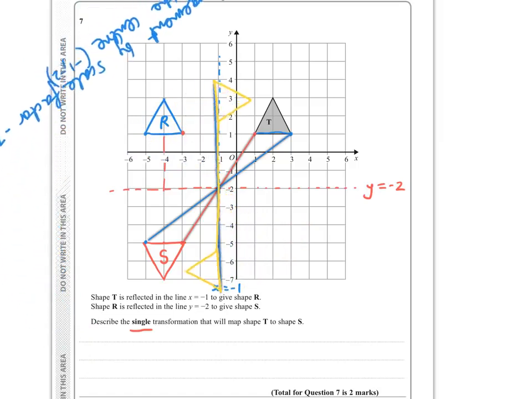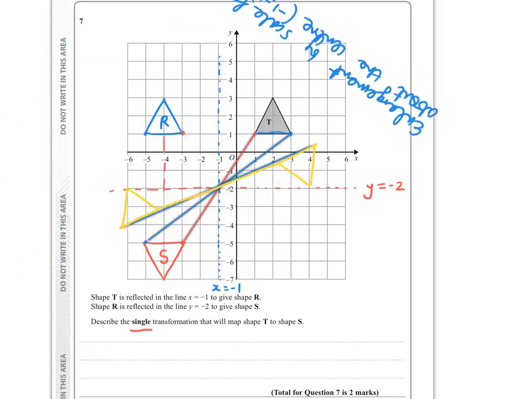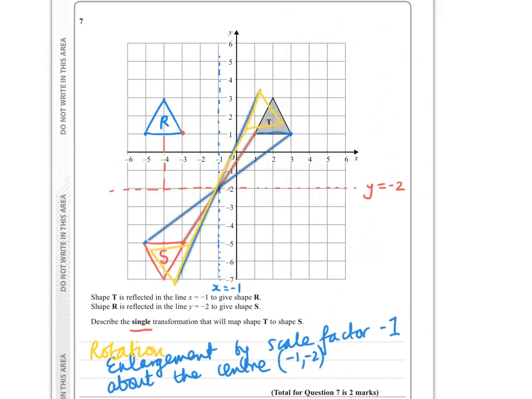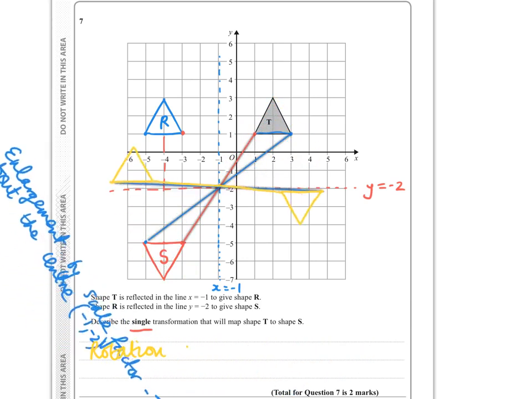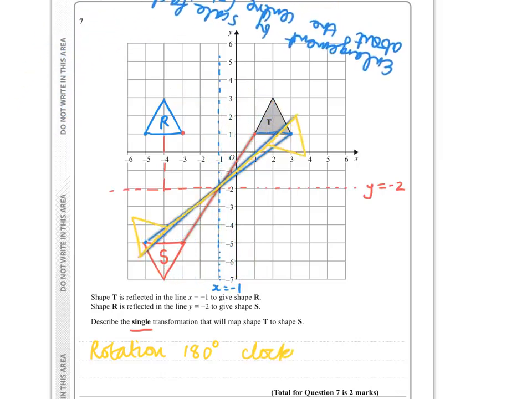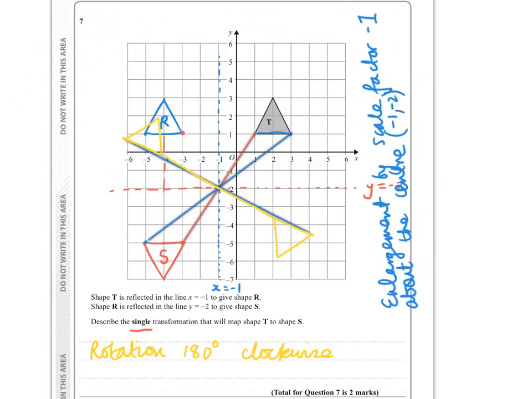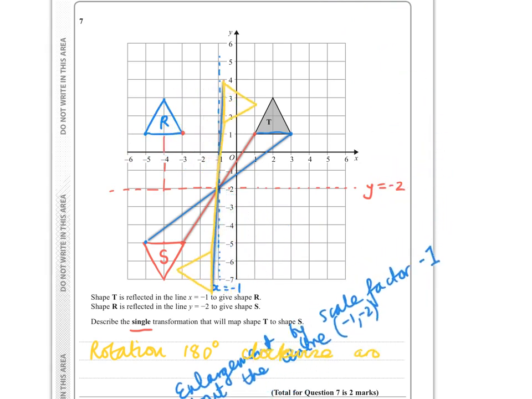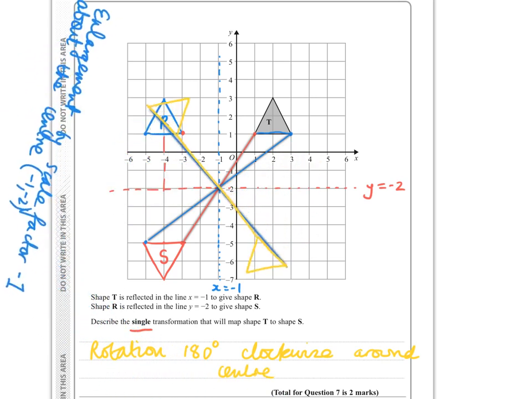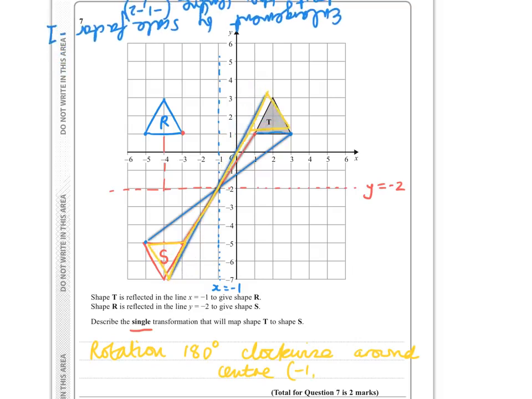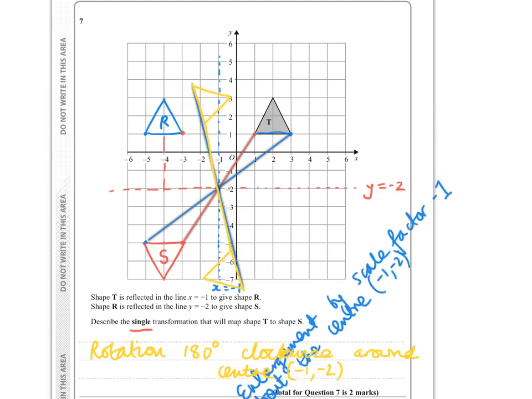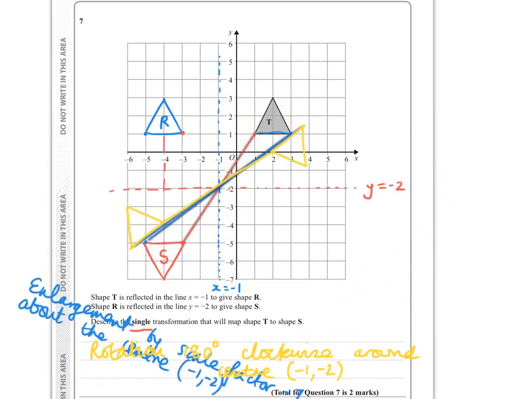So I would personally say that we've also got a rotation of 180 degrees clockwise, around the same centre as we had before, around centre -1, -2. So that would also get you the mark. So I hope you can follow my diagram. It's just really hard to do that on the software that I'm using.